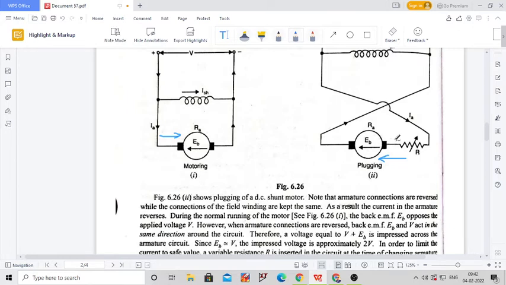At one particular point, the motor will come to a stationary condition, and thereafter the motor will rotate in the opposite direction due to the reverse torque induced inside that motor.